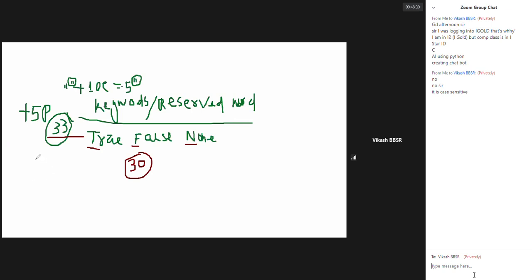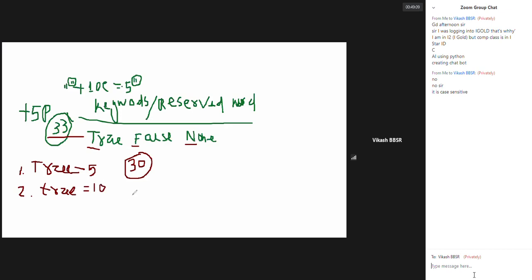Okay, I will give you one example, so you tell whether it is valid or invalid. Out of 1 and 2, which one is valid?